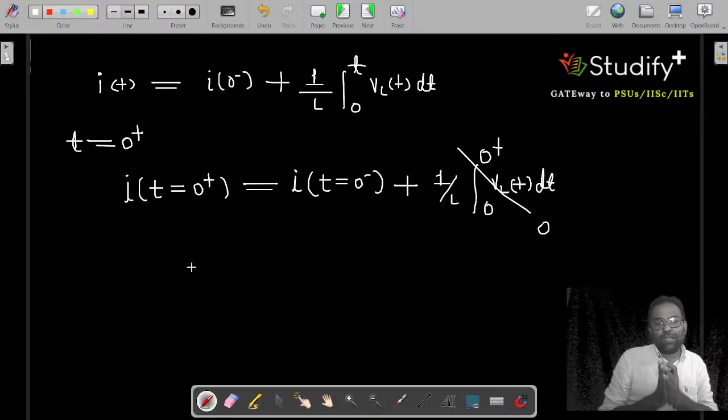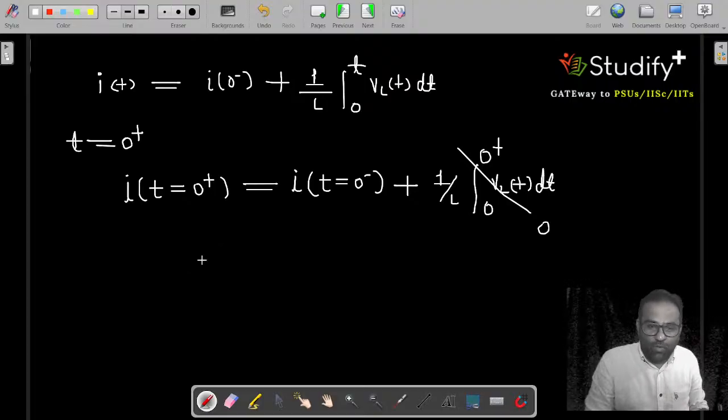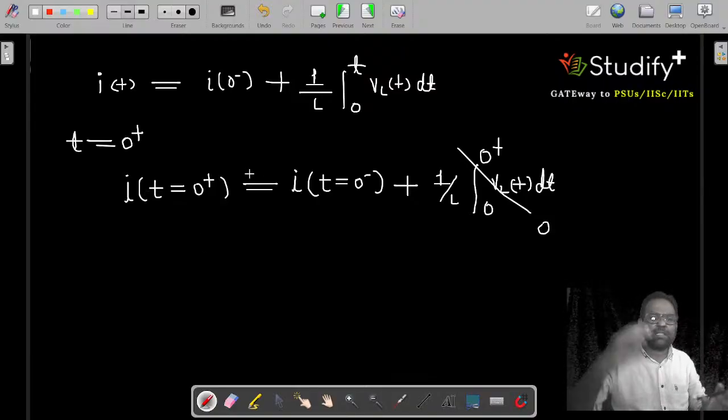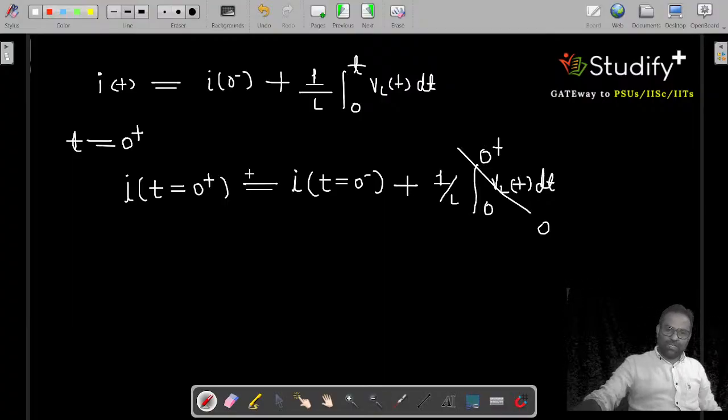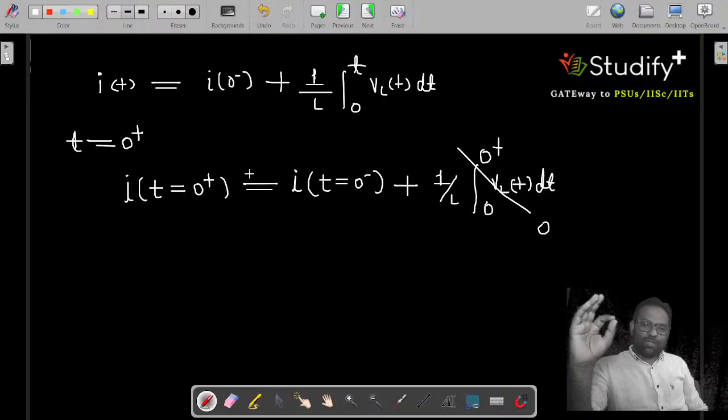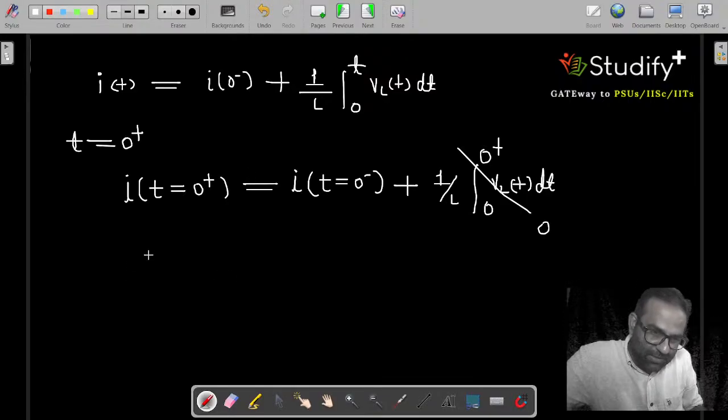A very important rule: a differential equation is valid for t greater than 0. Whenever we form a differential equation, it always generates constants, and the number of constants is equal to the order of the differential equation. The constants of a differential equation can be calculated at t greater than 0 only. So this is our first observation: the current in the inductor at 0+ is equivalent to the current in the inductor at 0-.